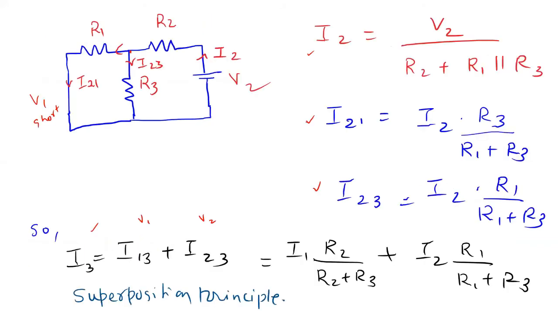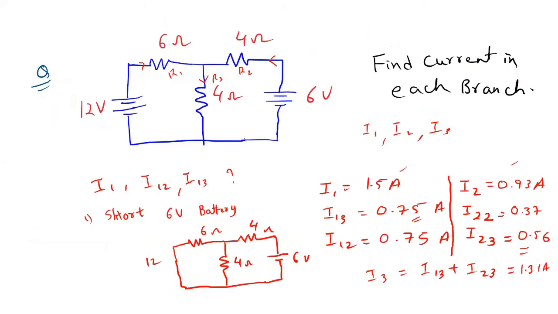This one, not this one. Okay, just now we have seen this example. In the first case, we have shorted 6 volt and we have calculated currents I1, I13 and I12. In the second case, we have shorted 12 volt and we have found I2, I22 and I23.